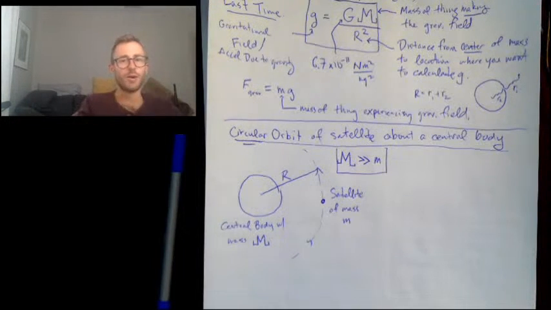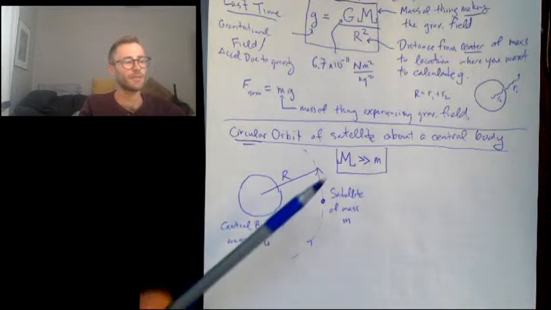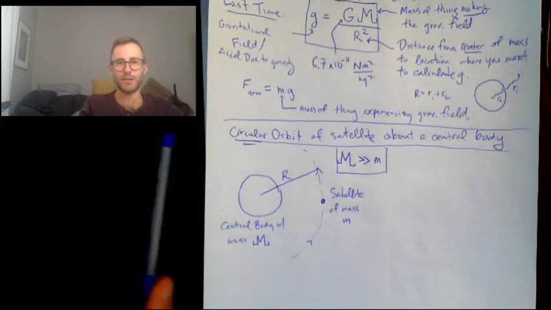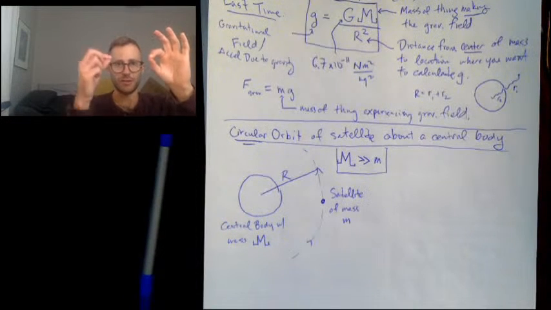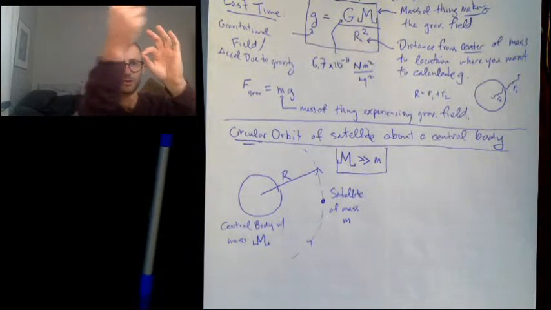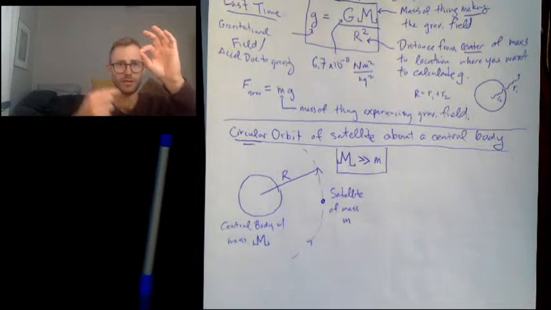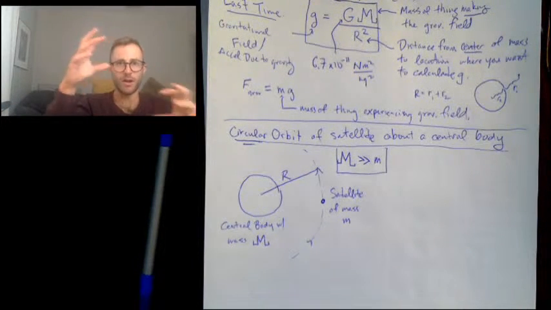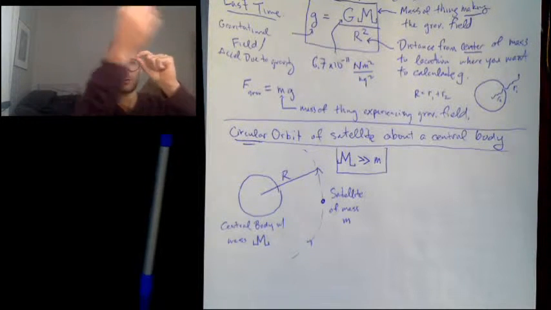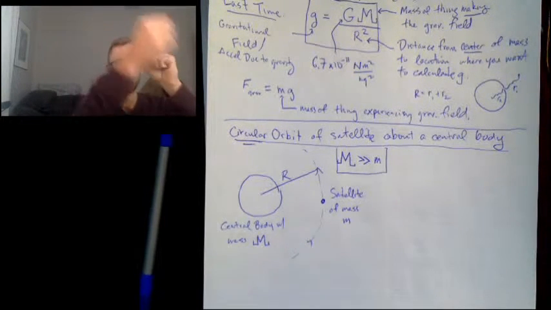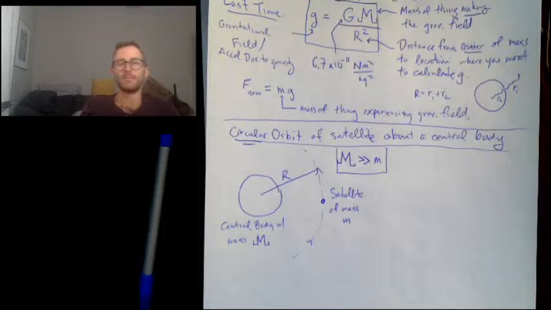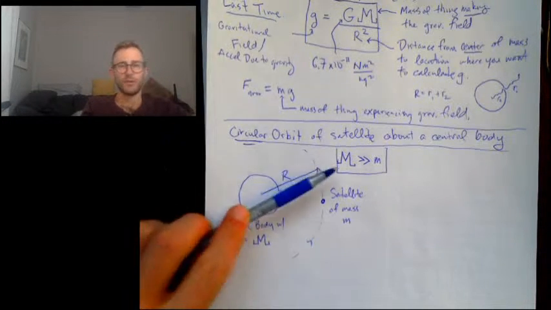Okay, but by having the central body much more massive than the satellite, the central body basically stays put while the satellite goes around it. You see what I'm saying? So basically, the more unequal the masses are, that central body will stay more in the center. Okay. So that's why we have that.